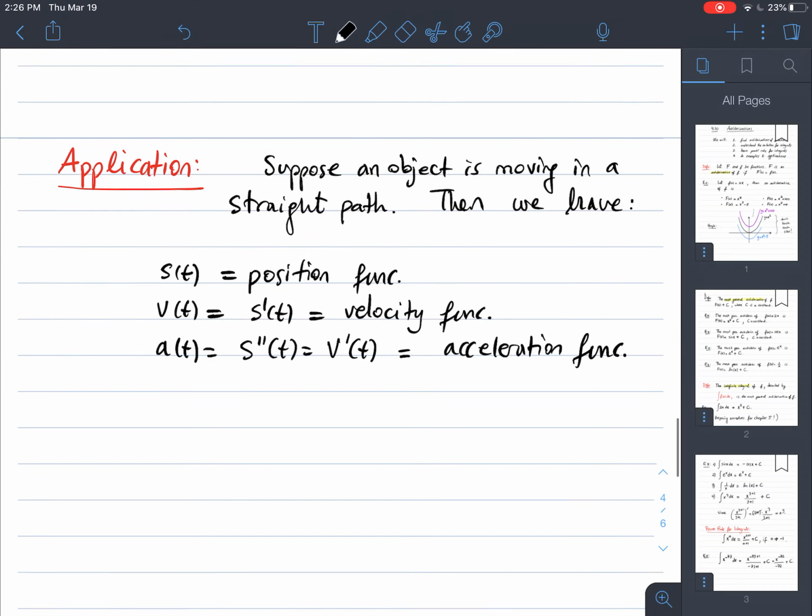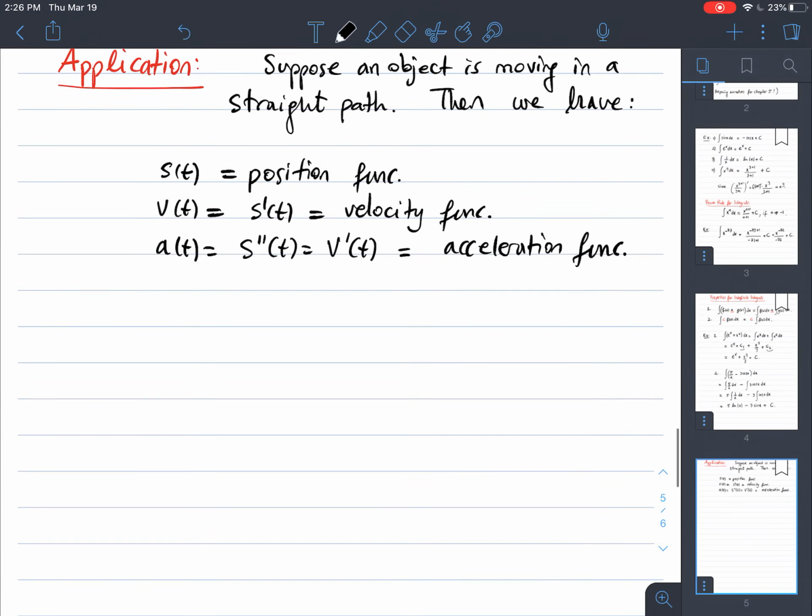So basically this means the following. If you go from position to velocity, you take the derivative. And if you go from velocity to acceleration, you take the derivative. So if you want to go backwards, you take the antiderivative. So let me write this down.